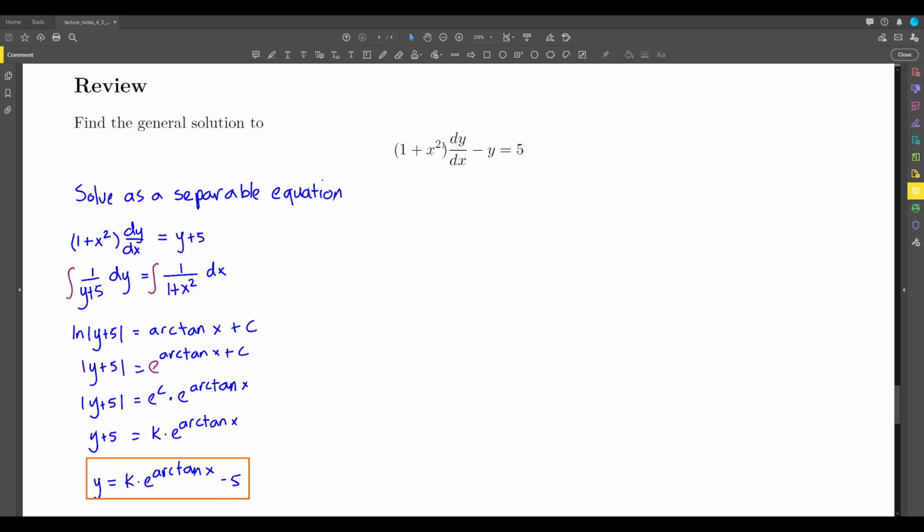So now let's solve this as a linear equation. So I'm going to solve as a linear equation.